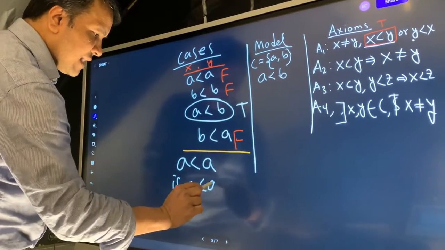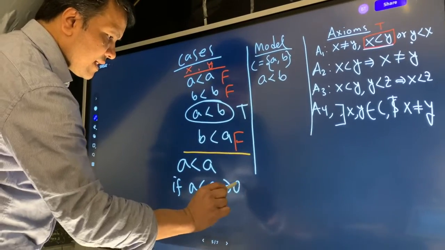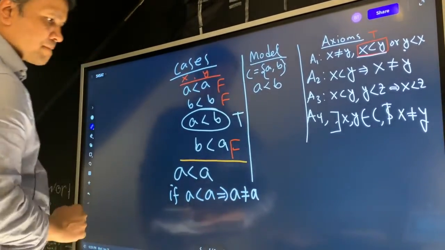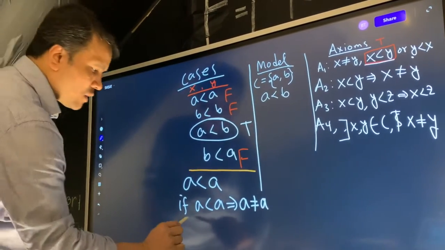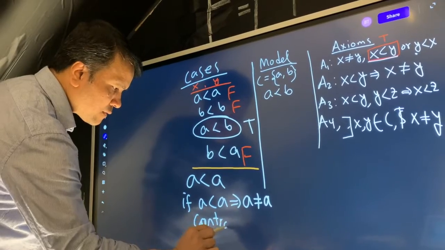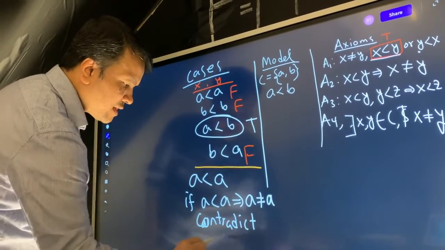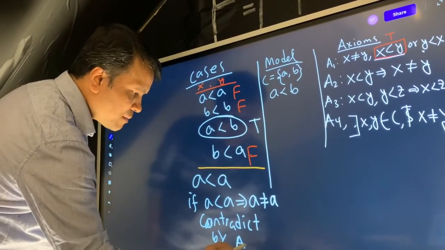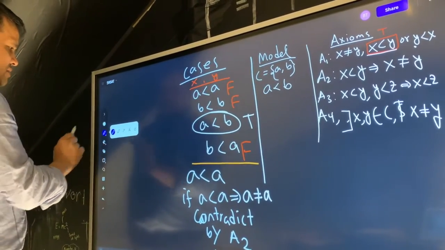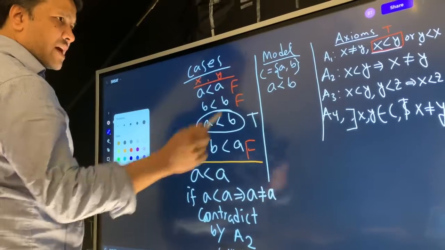If a is less than a, then a is not equal to a. Contradiction by axiom number 2. So we just proved that.